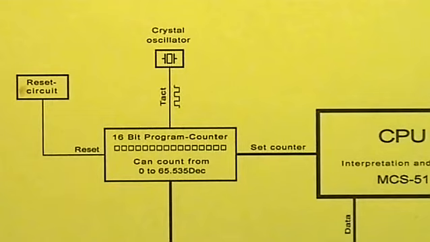The first intervention in the program counter's counting process is carried out by a so-called reset circuit. This means that when the power supply is switched on, the reset circuit ensures that the program counter always begins its counting function with the counter side 0.